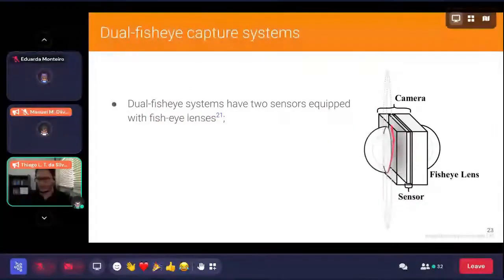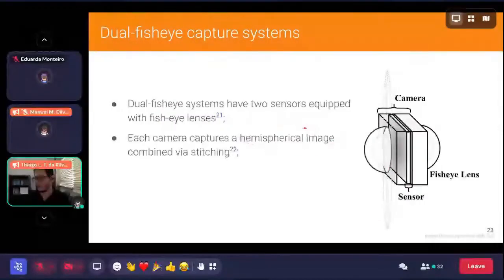Each lens or each camera captures a hemispherical image, so it covers a bit more than 180 degrees in field of view. And this overlapping region that is covered by one camera and the opposite camera is used for stitching as well, as in the previous system. Okay.